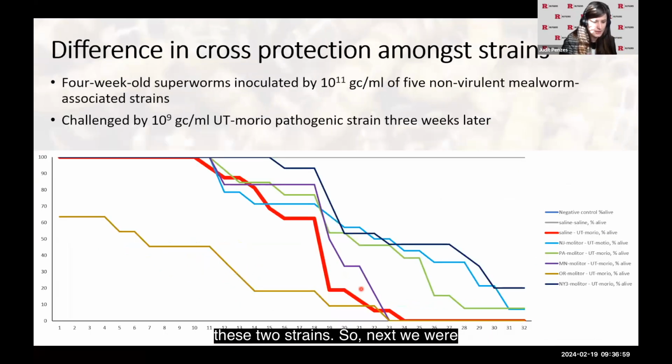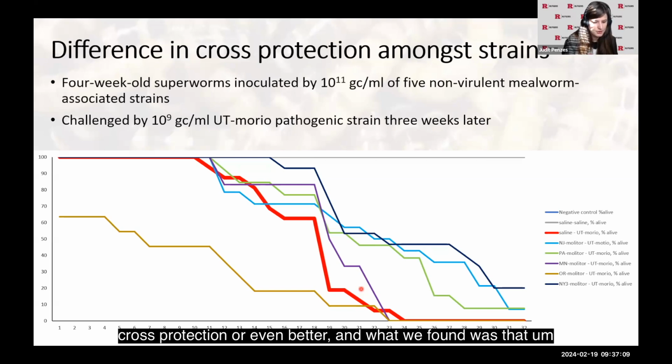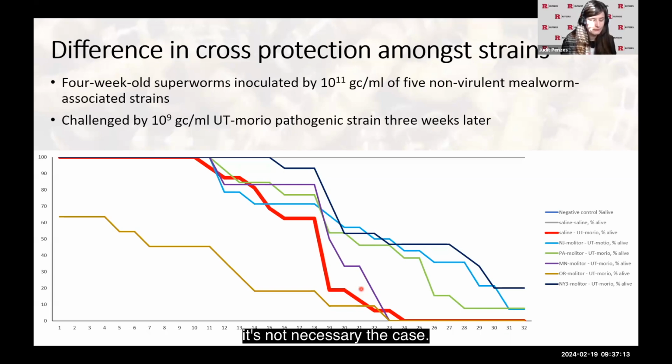So next we were curious whether all of these non-virulent mealworm strains are capable of providing the same cross protection or even better. And what we found was that it's not necessarily the case.